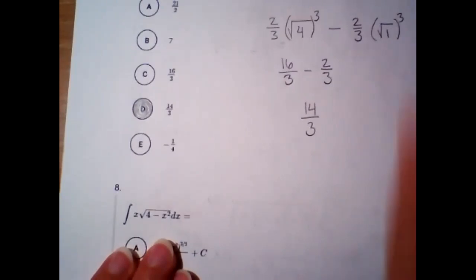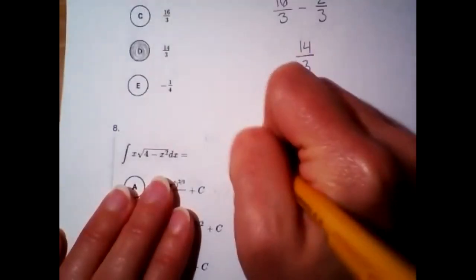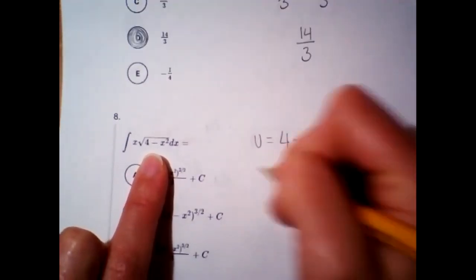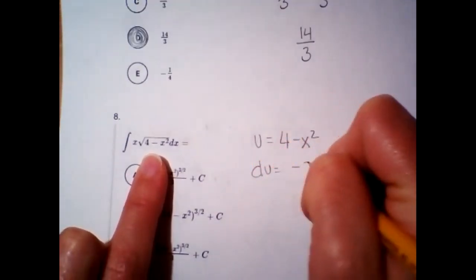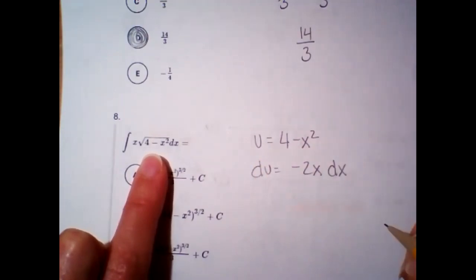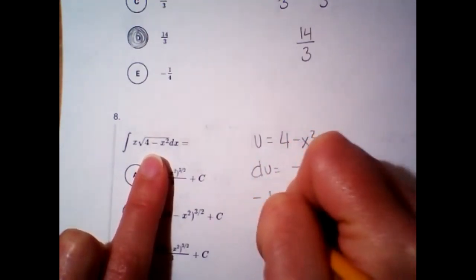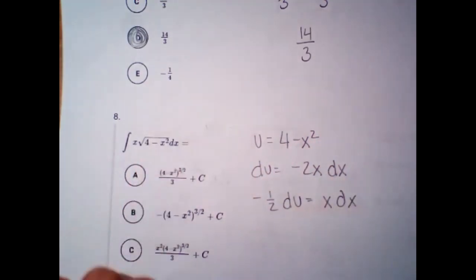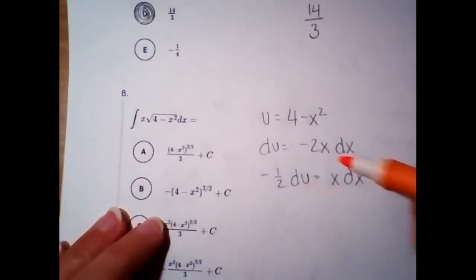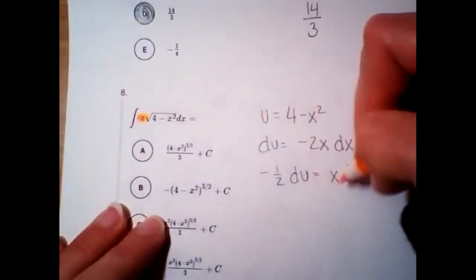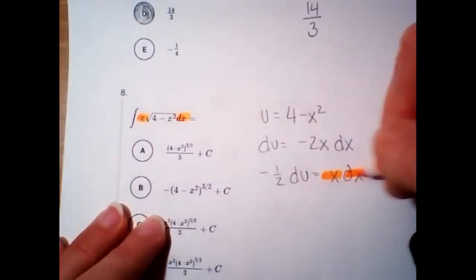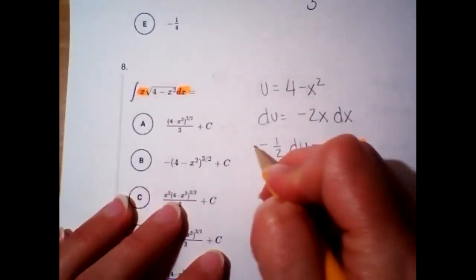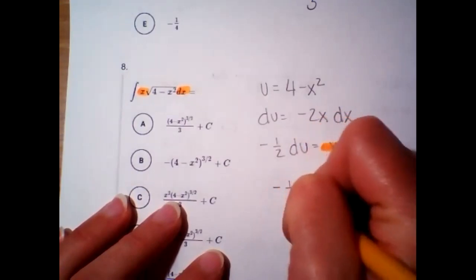All right, and then last one, we're going to let u equal this inside part. And so that derivative is negative 2x dx, and I'm going to adjust with a negative 1/2. So I get to substitute out the x and the dx, and in its place, I'll put negative 1/2 du.